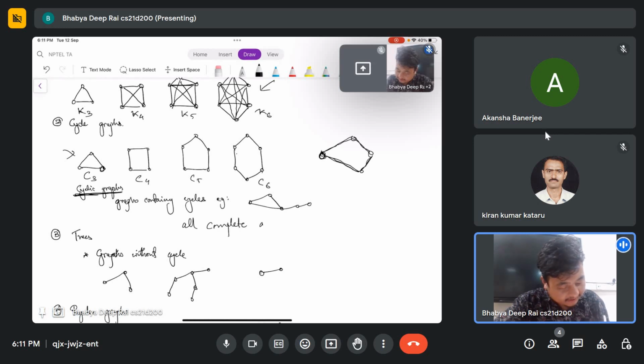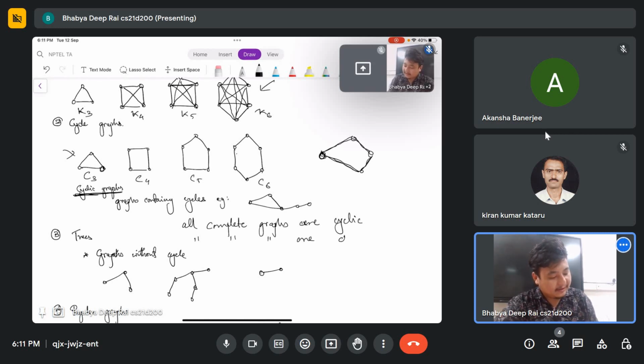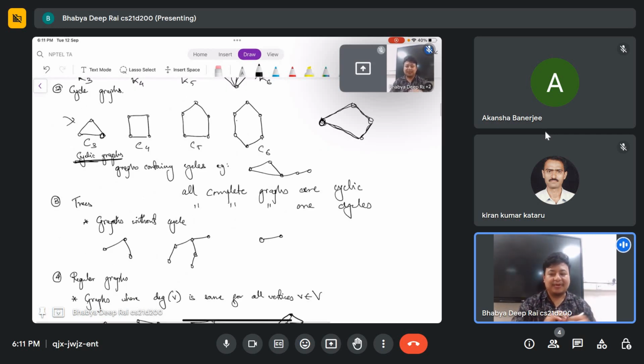Statement 1: all complete graphs are cyclic. And statement 2: all complete graphs are cycles. Which one of them is true? Or are both of them true, or are both of them false?